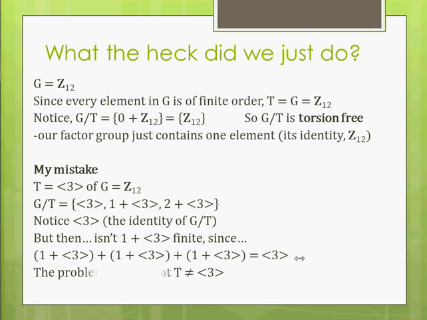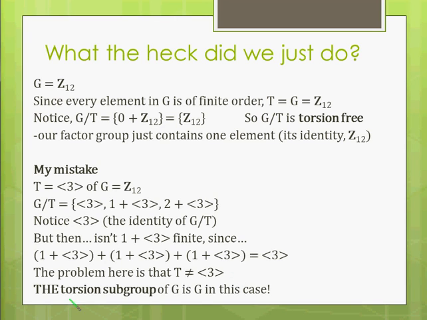But the problem here is that the torsion subgroup is not the subgroup generated by 3, because the torsion subgroup consists of all the elements that are of finite order. So in this case, our torsion subgroup would be G, the whole group. So the issue is the initial assumption that a torsion subgroup be the subgroup generated by 3, because that doesn't consist of the whole subgroup.